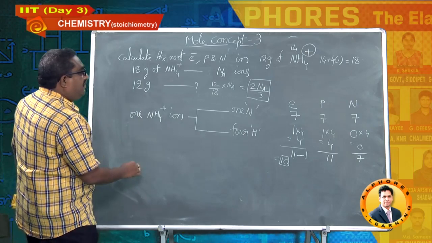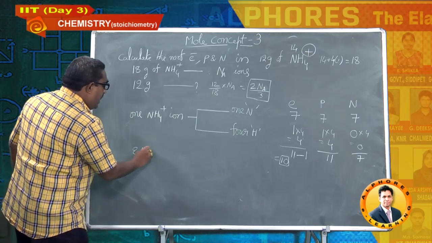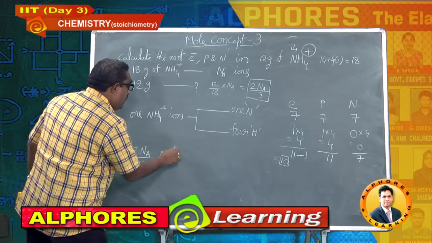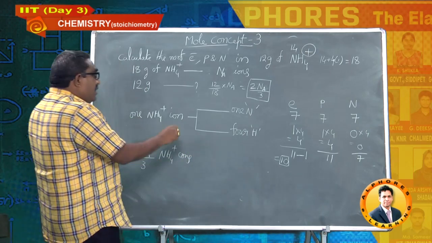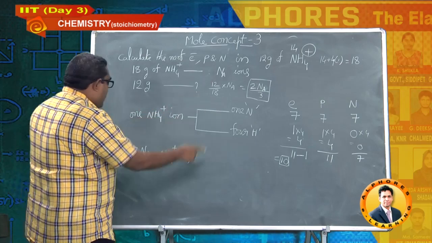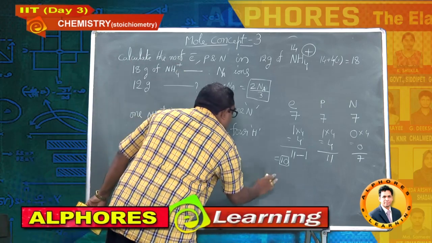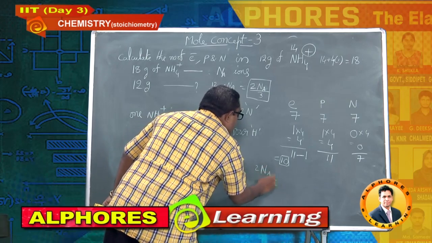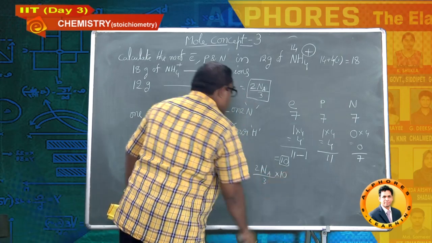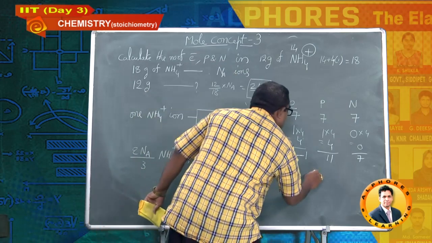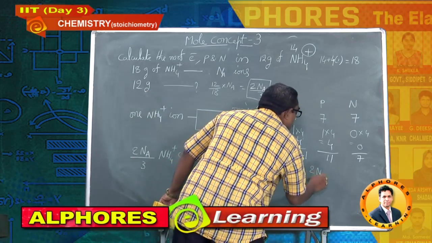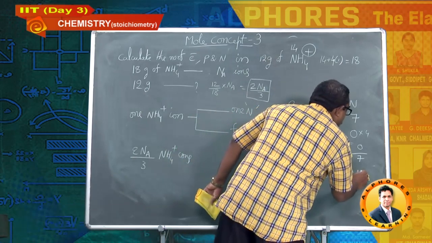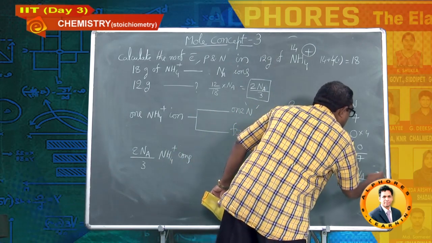How many such species do I have in my hand? 2Na/3 ammonium ions are there. 1 ammonium has 10 electrons, so this many ammoniums: 2Na/3 into 10. Similarly, 2Na/3 into 11, and 2Na/3 into 7.